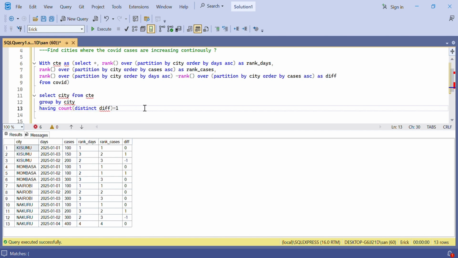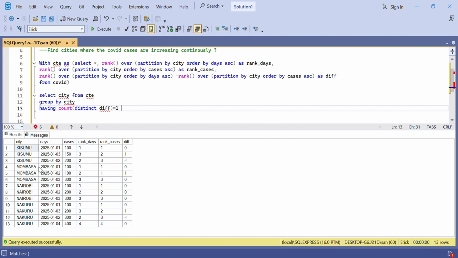What does this mean? For example, in Kisumu, we can count the distinct values of diff. You can see 0, 1 and -1, so in Kisumu the distinct values in the diff column number 3.